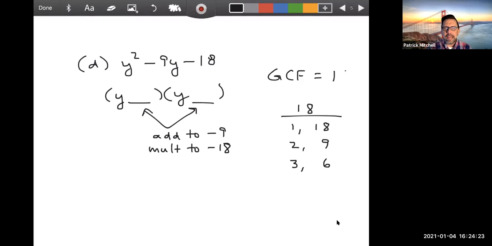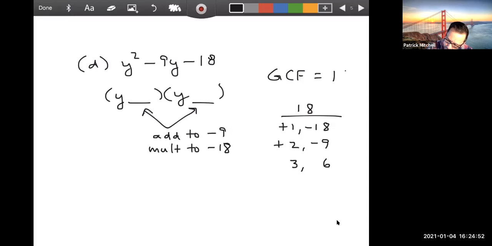I'll just make them both negative. You see the problem with that, though? If you make the 3 and the 6 both negative, you're not going to get a -18. You're going to get a +18. Remember, in order for them to add up to a negative and also multiply to a negative, you would have to have one positive, one negative, and the bigger number would have to have the negative.